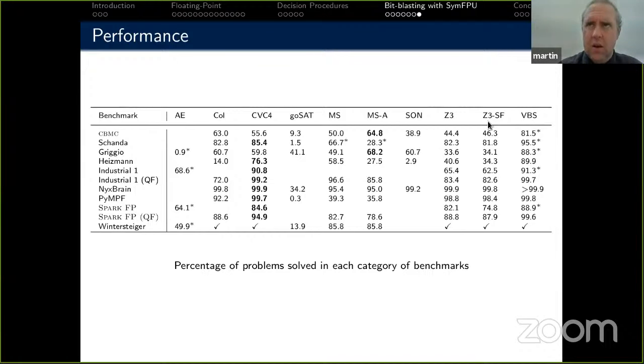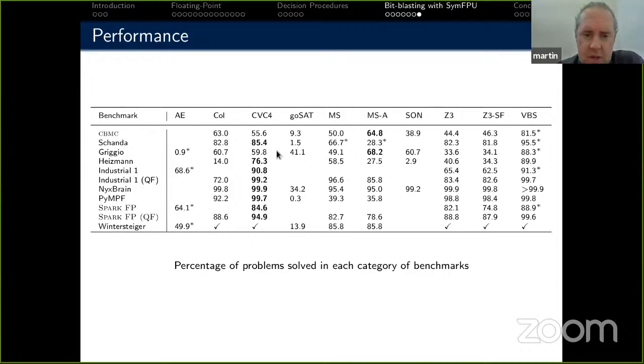This is one from the Chicago 2014 paper on reducing the size of floats. And this is the virtual best solver. So what we've done is we've reported the percentage of each benchmark suite that the solver can solve.